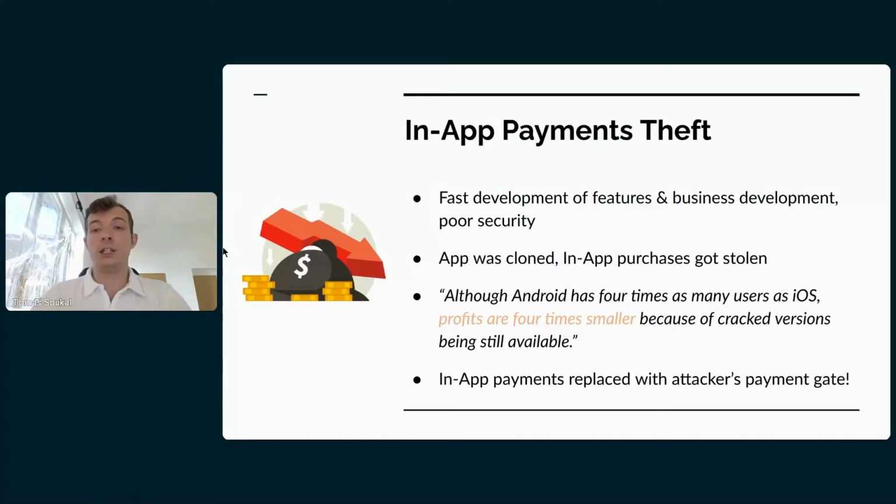So this attacker took whatever new version was released and created a clone instantly, and these clones actually weren't for free, but the attacker replaced the payments code with the attacker's own payment gates. So these fake clones were still paid, but payments were to someone else.